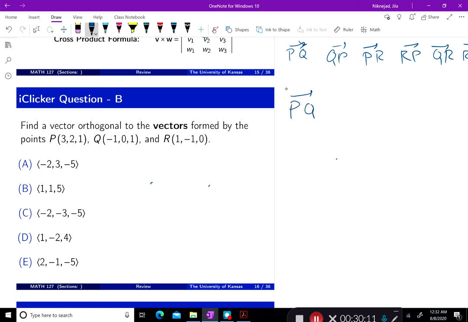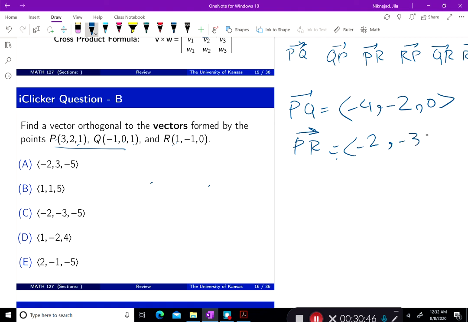PQ here, subtract: -1 minus 3 is -4, 0 minus 2 is -2, 1 minus 1 is 0. Then find PR, and PR is 1 minus 3, which is -2, and then it is -1 minus 2, which is -3, and 0 minus 1, which is -1.